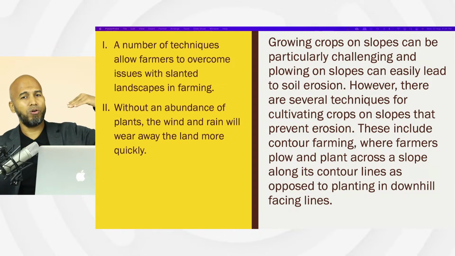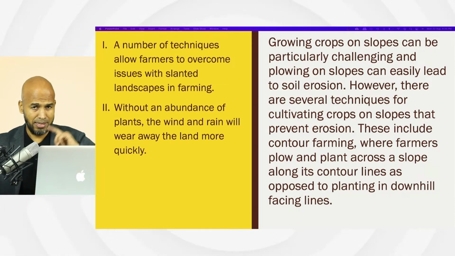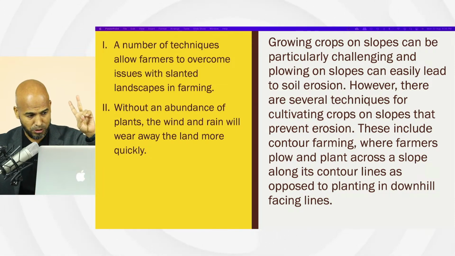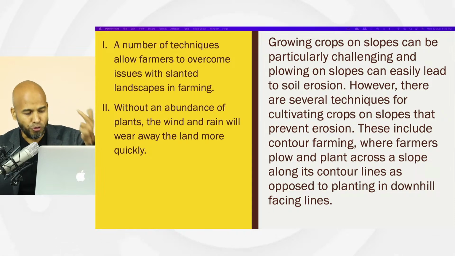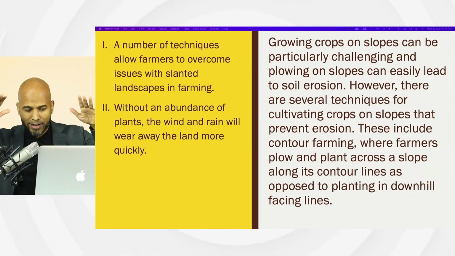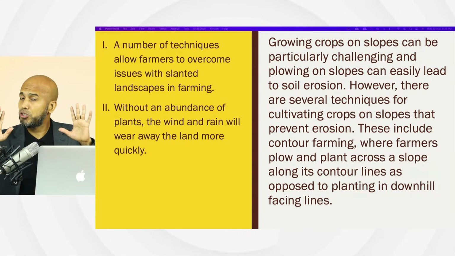Statement number two: without an abundance of plants, the wind and the rain will wear away the land more quickly.